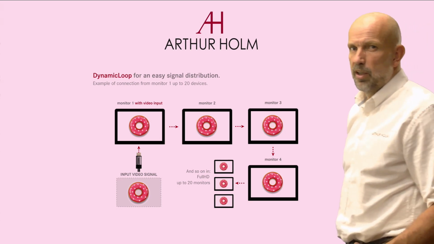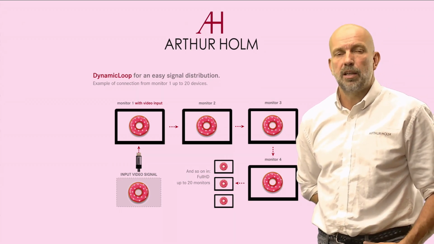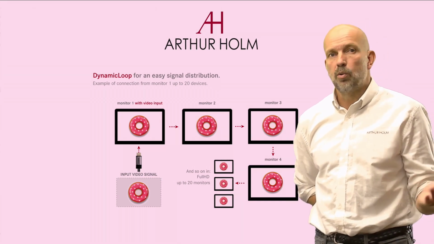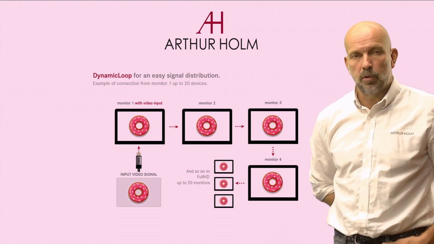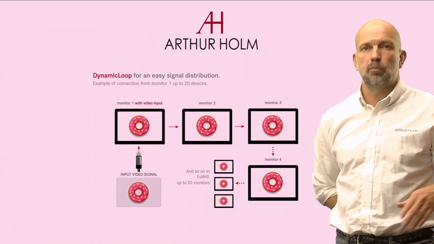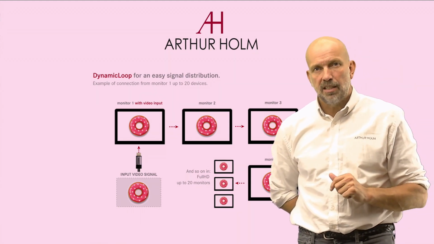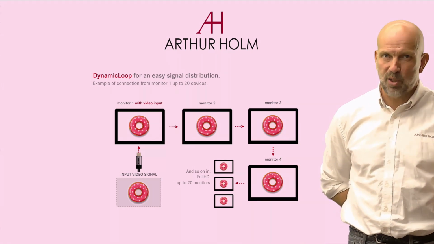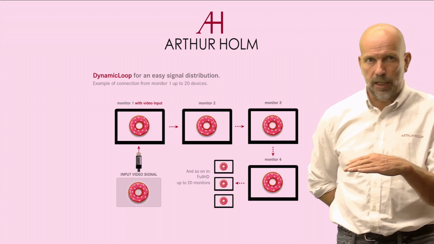If we are looking into the donut principle, it's the source that we see at the left hand side at the bottom. That is a donut that could be from the main server, and then it goes to the rest of the monitors. If you have them all in one line, you cannot do more than 20. It's the same, reproducing the signal as in share. But since we don't have to close it, we can actually have open ends of the daisy chain.